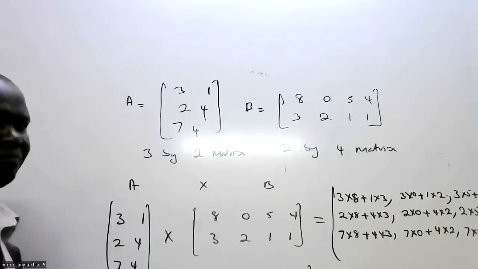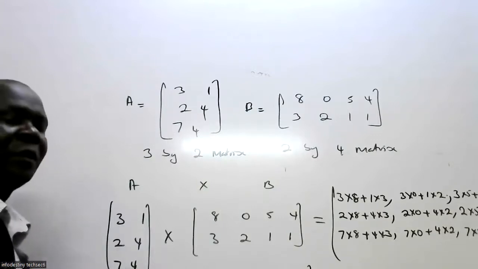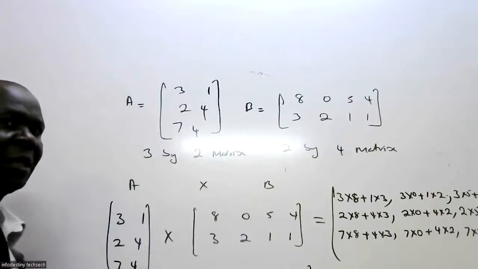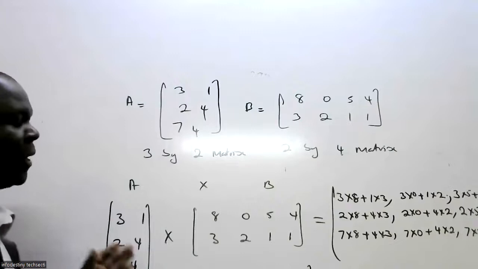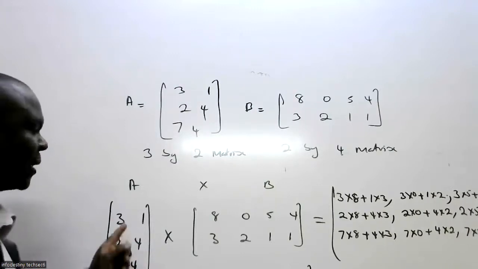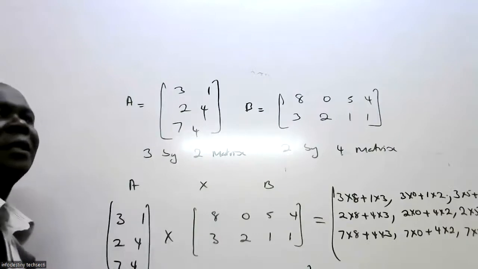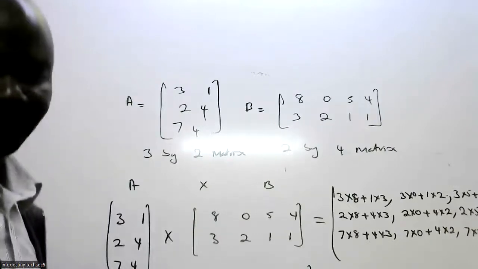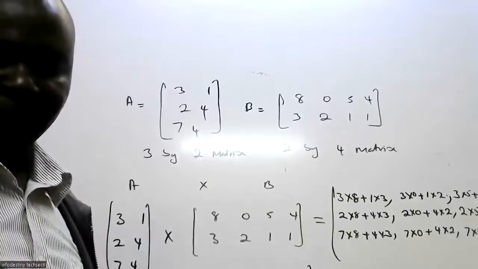And the column of the second matrix will be equal to the column of the new matrix. We are together. So under multiplication, the new matrix will take the row of the first and the column of the second. I hope you are together there.